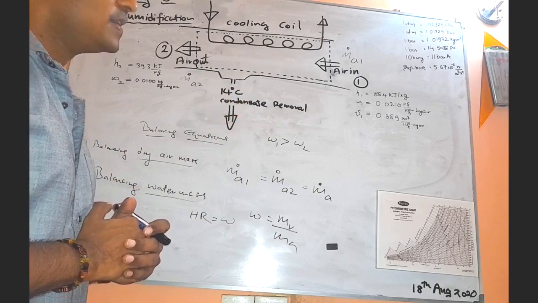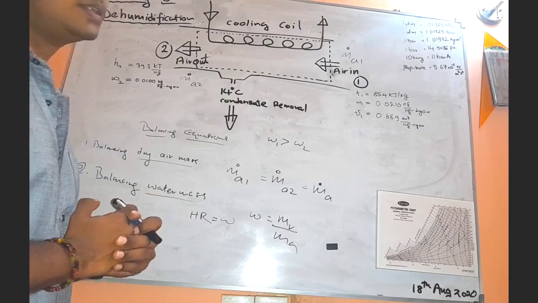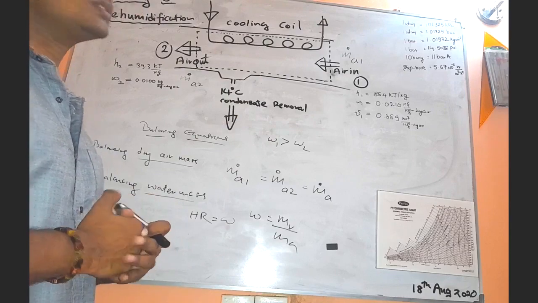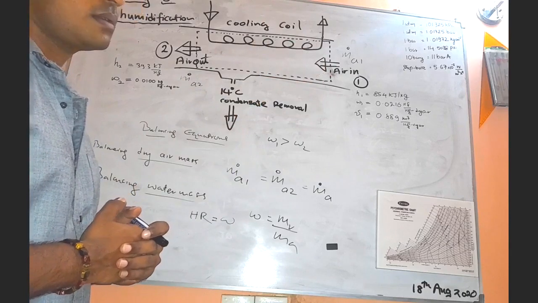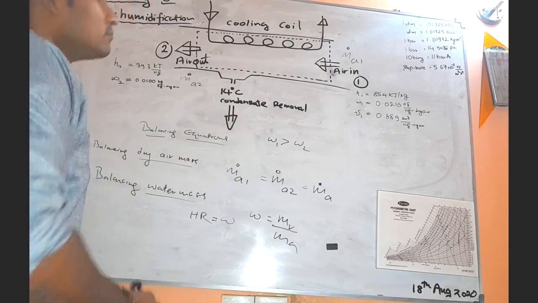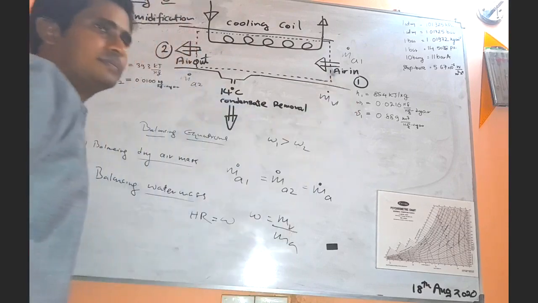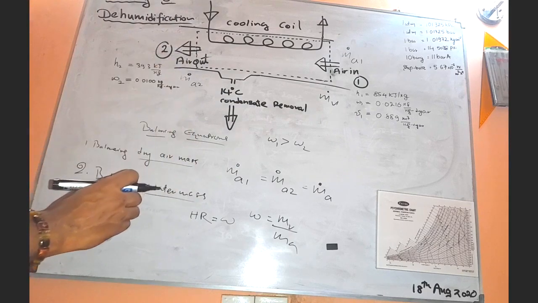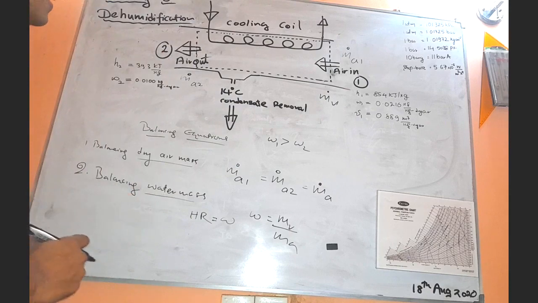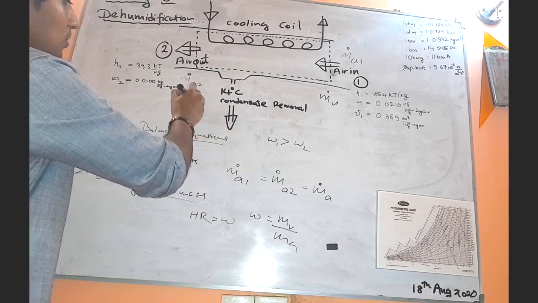There we have to consider the mass flow rate of water vapor that enters the system from the entrance side, so let's call it mv1 dot. And the mass flow rate of water vapor at the outlet, let's call it mv2 dot.